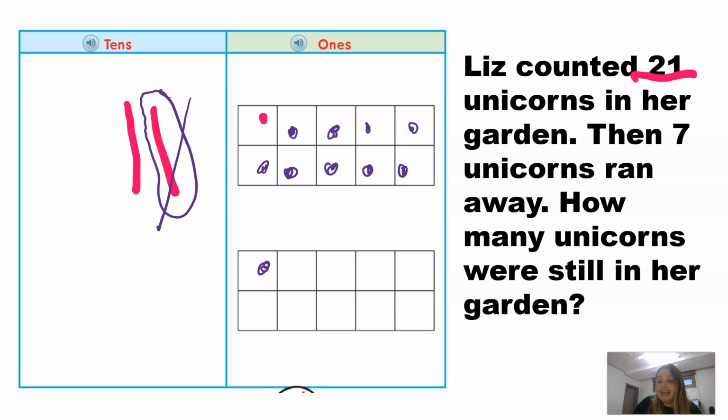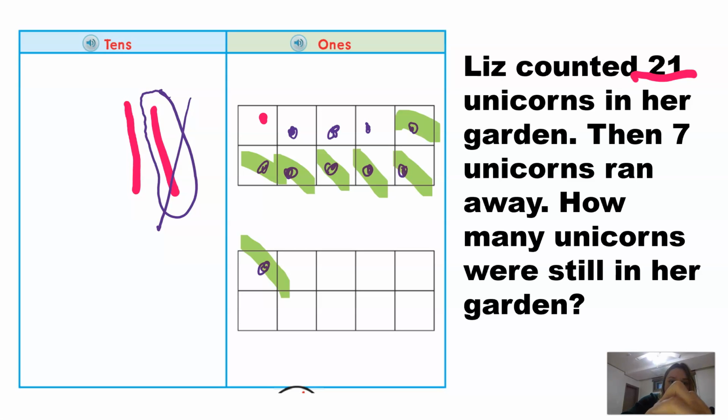Now I can subtract the 7 unicorns. So I'm going to subtract the 7. Ready? 1, 2, 3, 4, 5, 6, and 7. Those are the ones that ran away. Now, let's see how many are left in the garden.